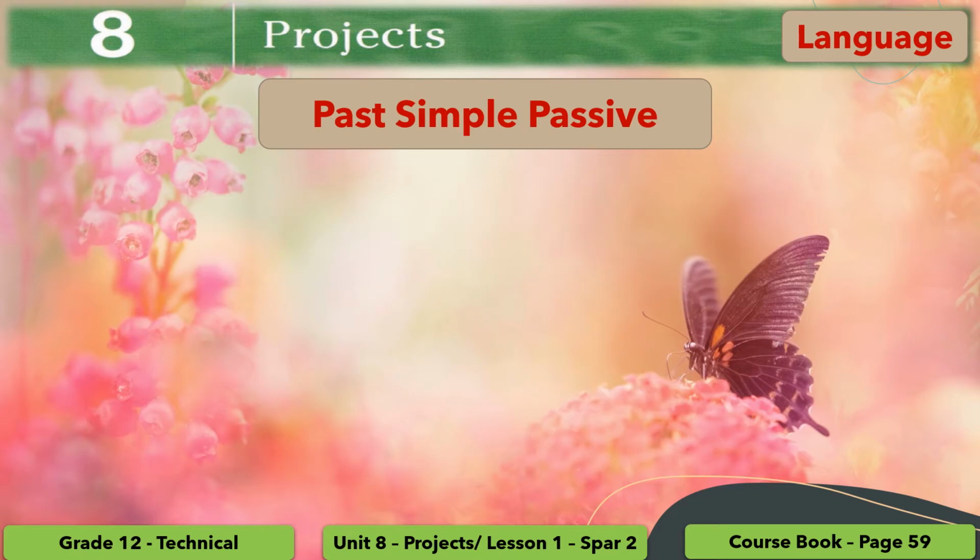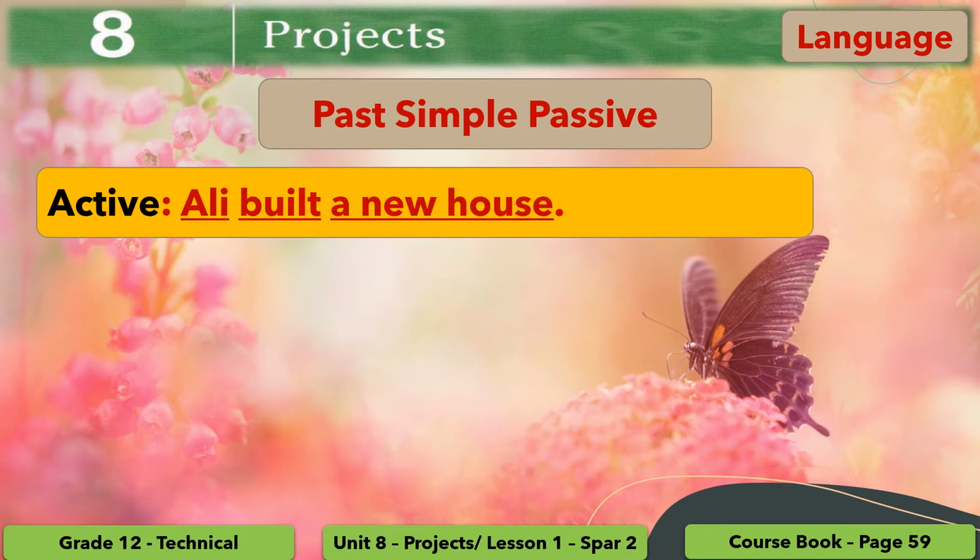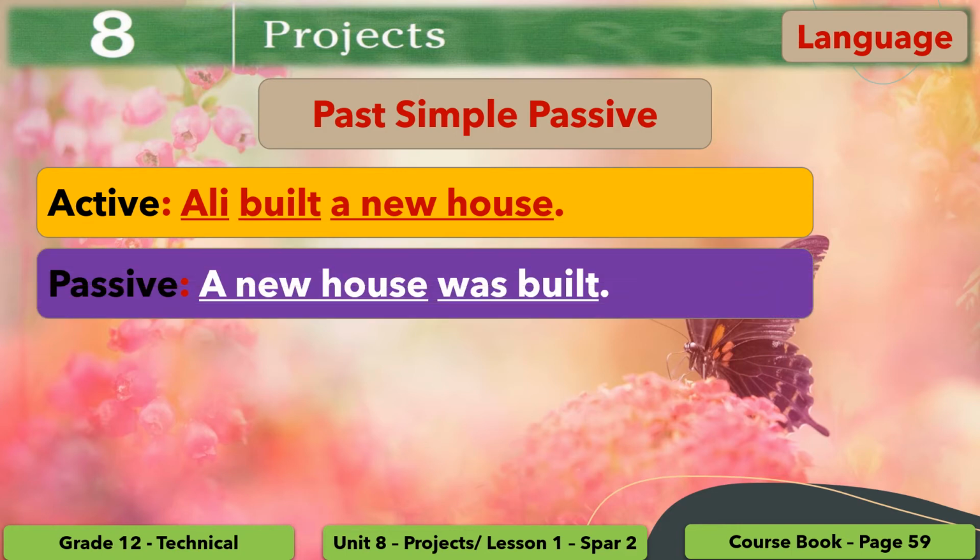What about the past simple passive? Now let's have a look at the following example. Ali built a new house. So here the subject is Ali and the verb is built, which is verb 2 or past simple verb, and the object is a new house. Let's see how to change it into the passive.